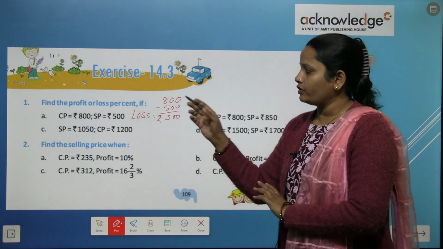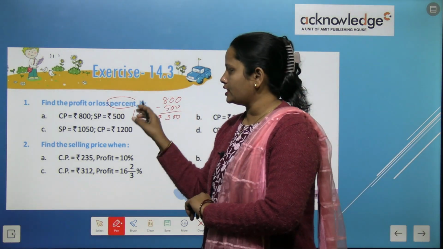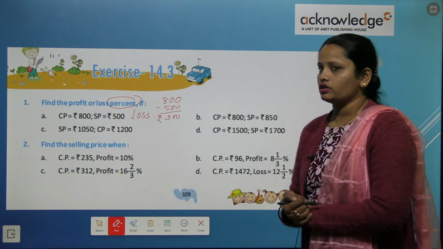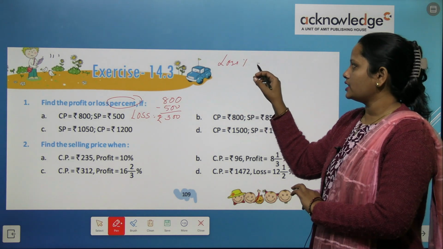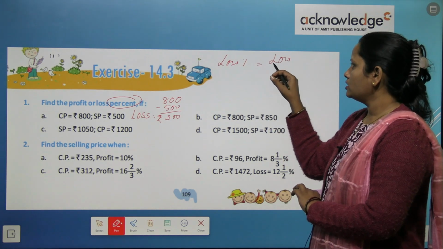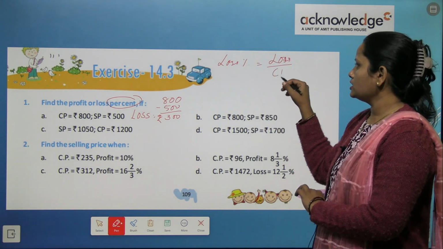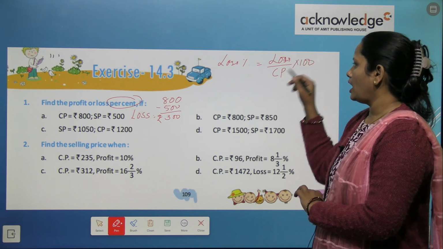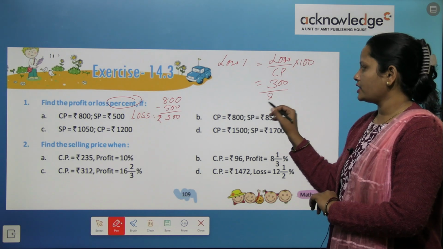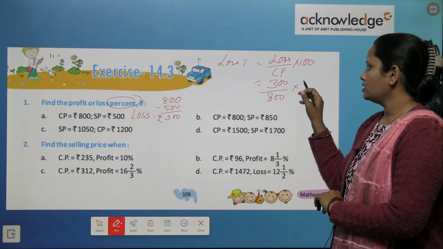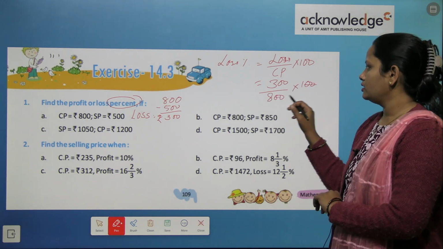Now we have to find the percentage, loss percent we have to find out. So the formula of loss percent is loss upon CP multiplied 100. So the loss is 300. Now the cost price was 800 multiplied by 100.